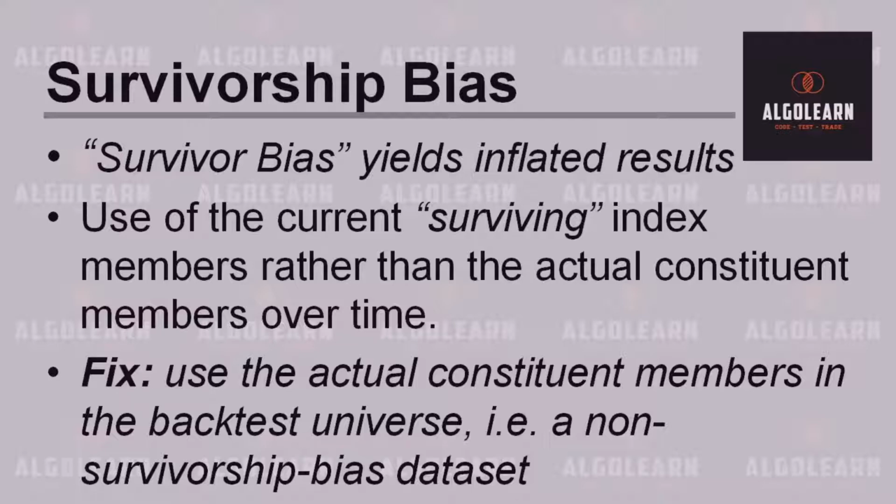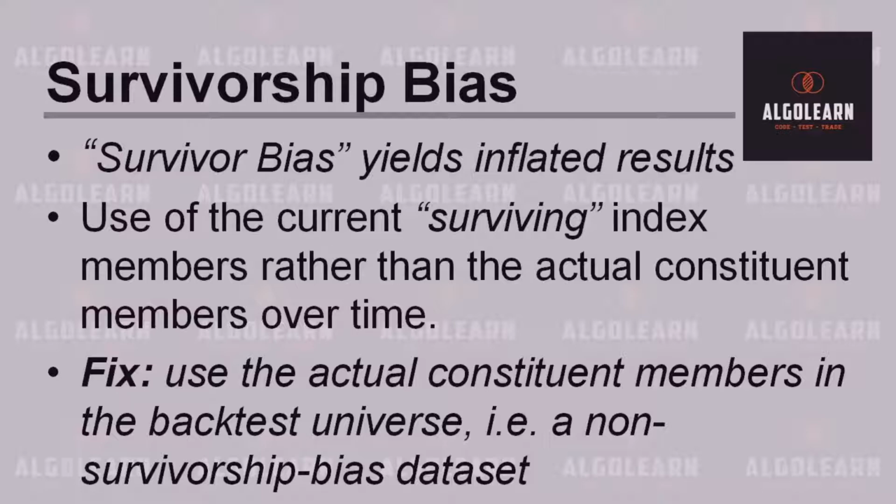And that really skews the results, because sometimes these survivors, they're survivors for a reason, because they're better performers. And if you have an algorithm that's structured for these better performers, then you're going to inflate your results on the backtest.